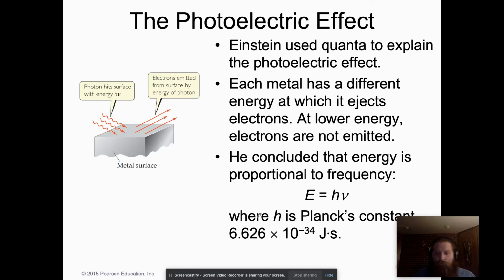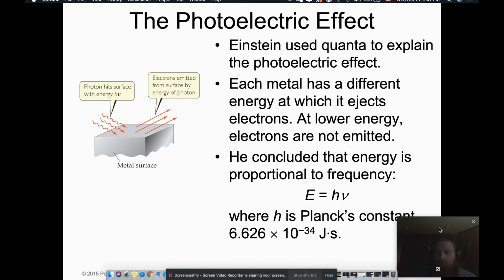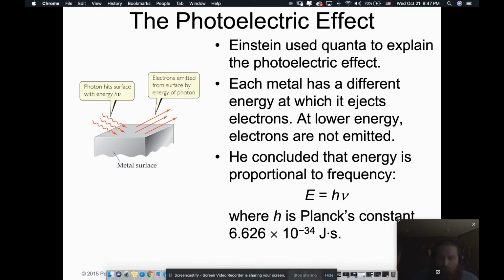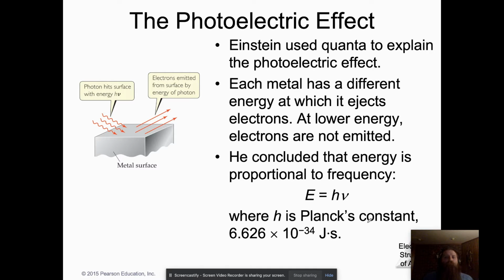Now, a lot of people think about Einstein, they think about the general theory of relativity, they think about special relativity. Einstein's Nobel Prize was actually for his description of the photoelectric effect, and he used information from Max Planck and one, I forget the other guy's name, and his explanation of why the photoelectric effect occurs actually won him the Nobel Prize. But what is the photoelectric effect?